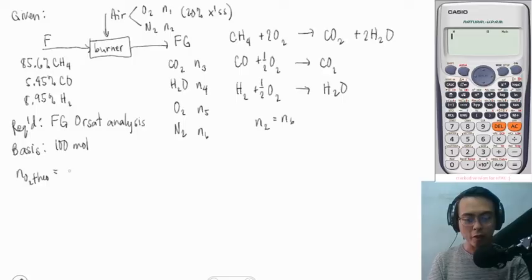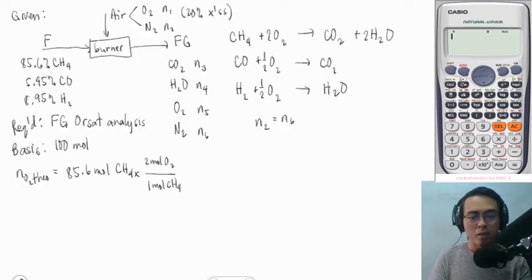We have 85.6 moles of methane. If you take a look at the balanced equation, there is 1 mole of methane for every 2 moles of oxygen. So in these types of balances, your goal is just to stop at the number of moles of oxygen. So this is already our first term.